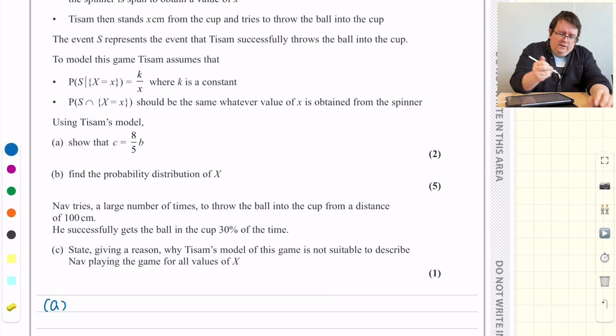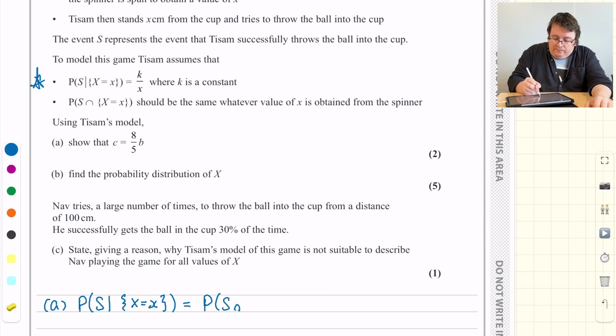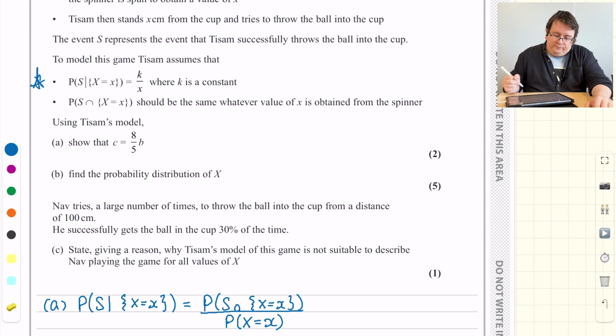Well, let's first of all write down what we know about that notation. So it's a conditional probability, so the probability of S, given that x is equal to x, is equal to the probability of S intersection x equals x divided by the probability of x being equal to x.